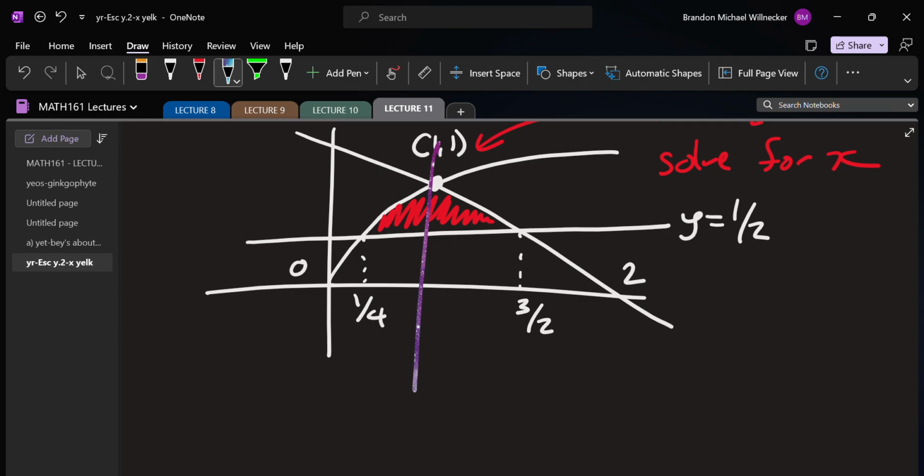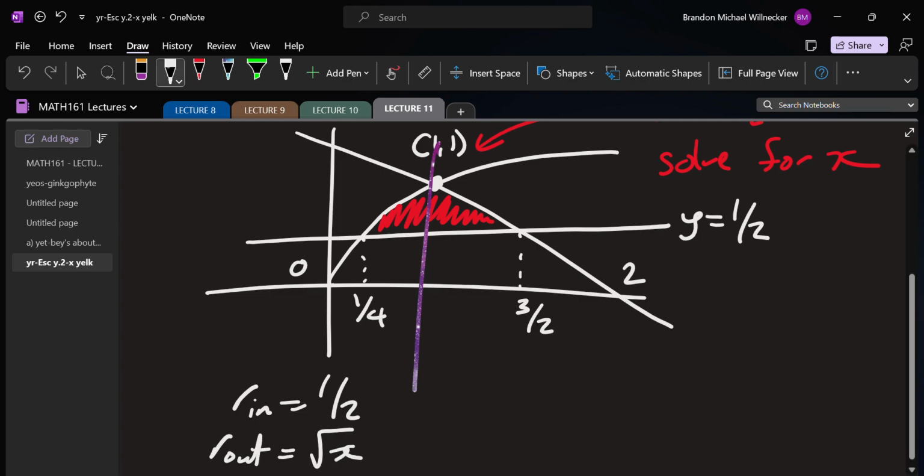So for this first bit, we can just cut this here, cut it in half. On that left side part, the inner radius is a half and the outer radius is root x, because we're on the left side of the cut. On the right side of the cut, we've got a different line at the top, this straight line.